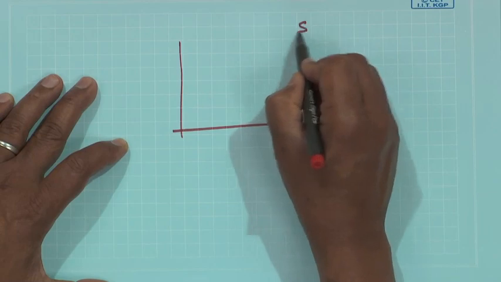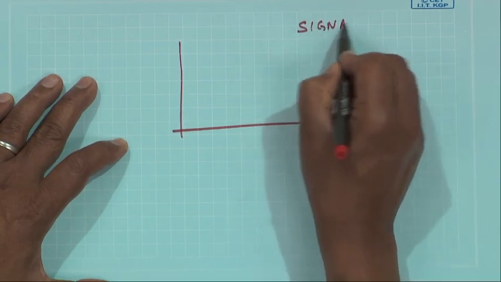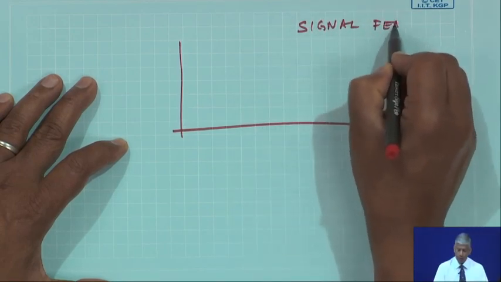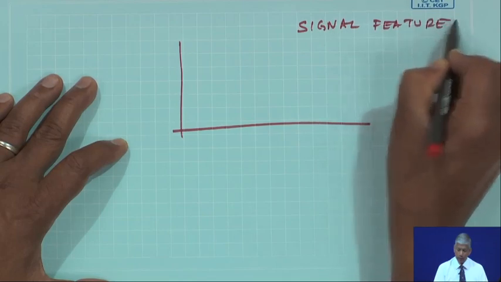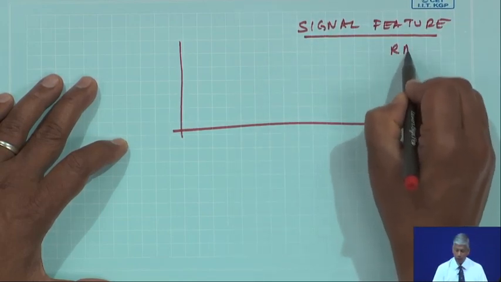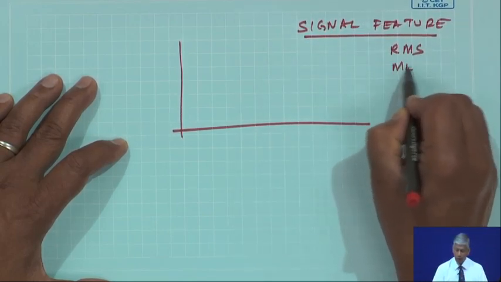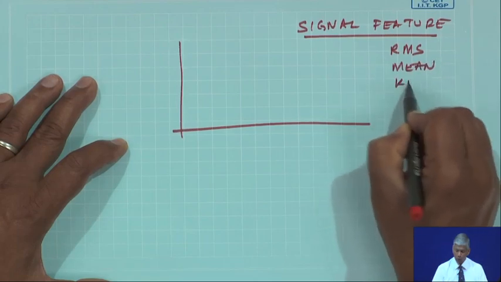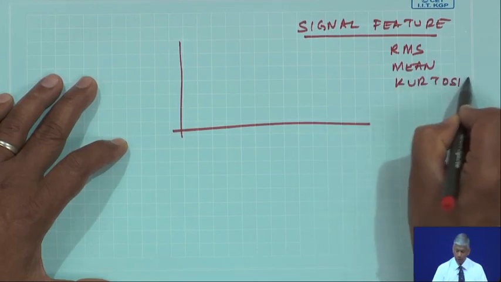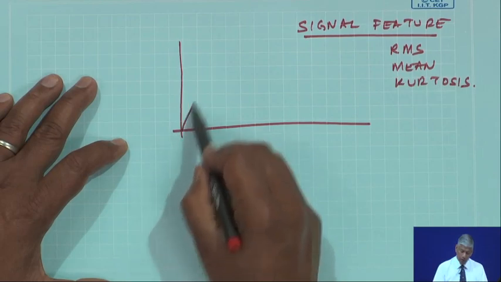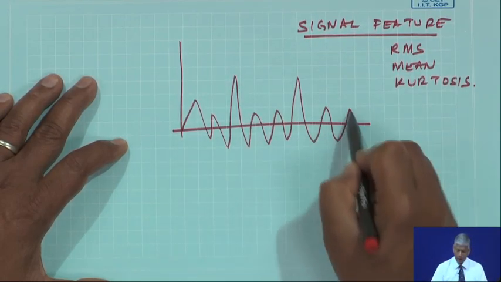So, you will realize the importance of signal filtering, because whatever we measure, I need to measure the signal feature. Now, if you will recollect, a signal feature could be its RMS value, its mean value, its kurtosis value, etc. But it all depends on what kind of signal I have.